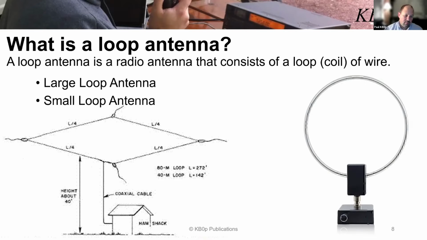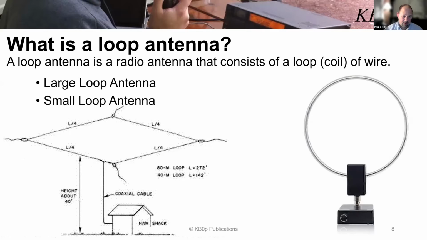So this large loop, if you can see this here, we have our house, we have our shack in our house, and this loop could be the entire perimeter of your yard, for example. It's quite large. It consists of 4 sides. And if this was an 80-meter loop, for example, tuned for 80 meters, the whole length of this antenna would be 272 feet long.